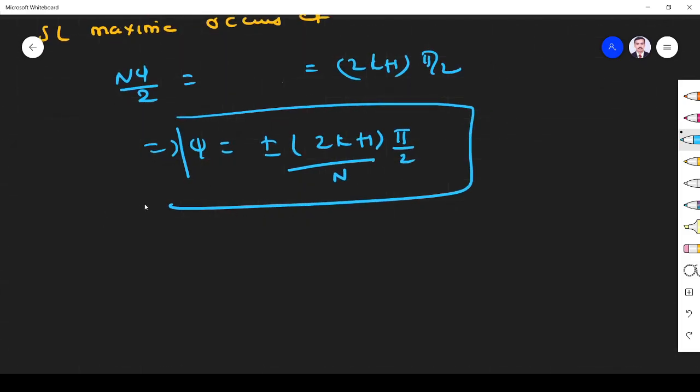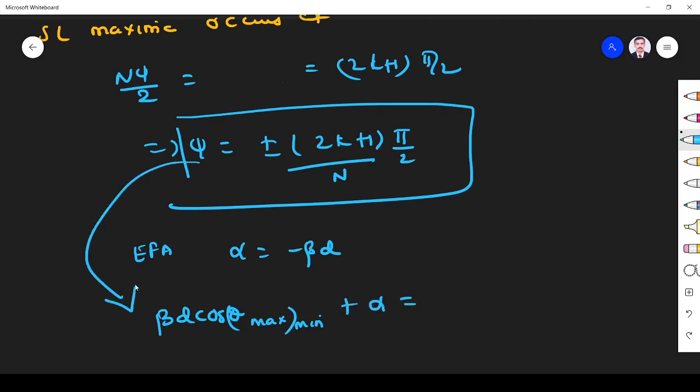For an end-fire array, alpha is equal to minus beta d. So psi is equal to beta d cos theta plus alpha, with alpha as minus beta d, is equal to plus or minus 2k plus 1 divided by n pi by 2.